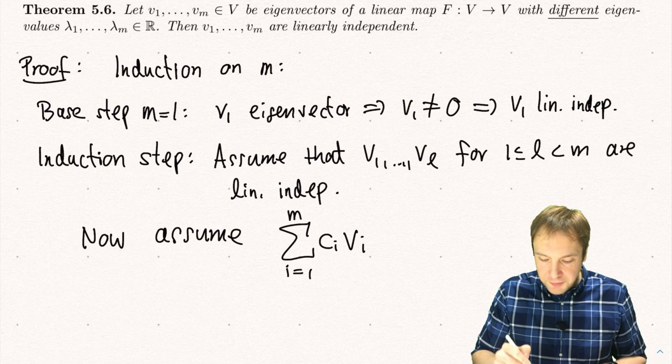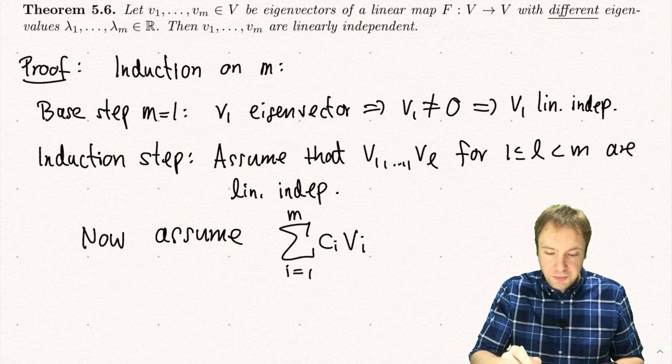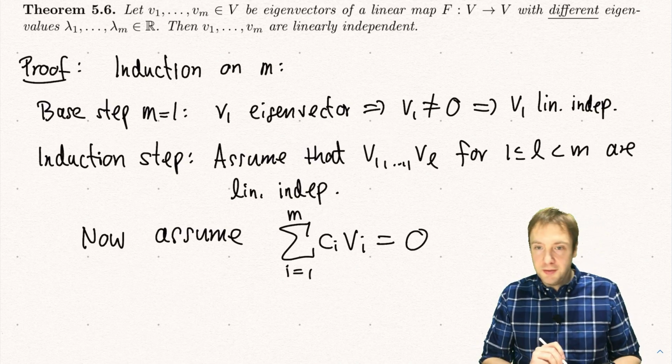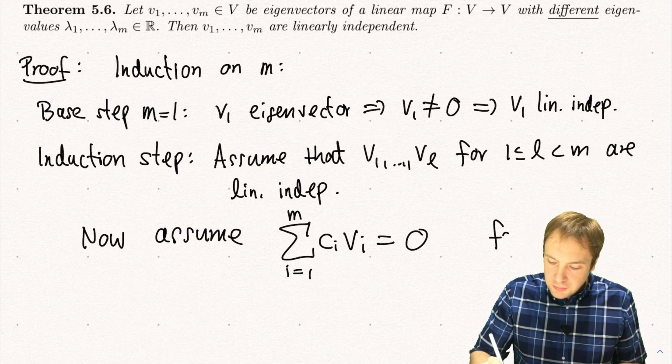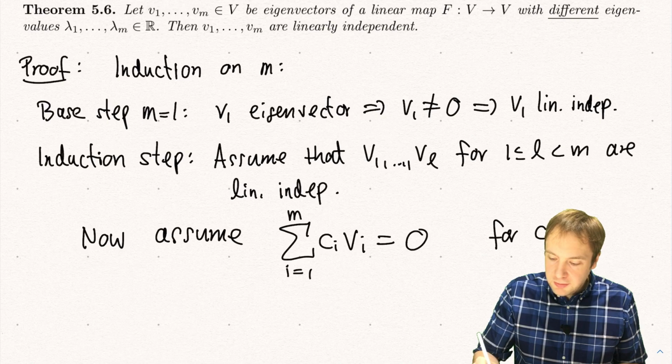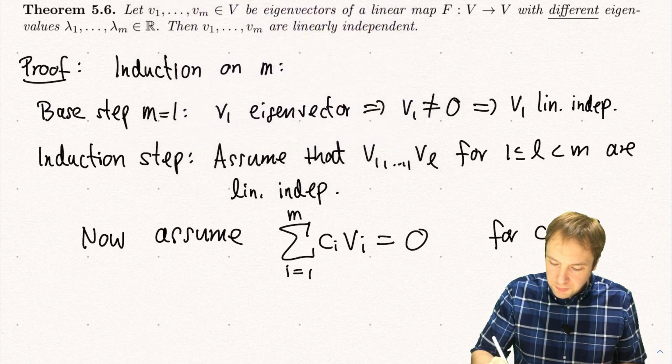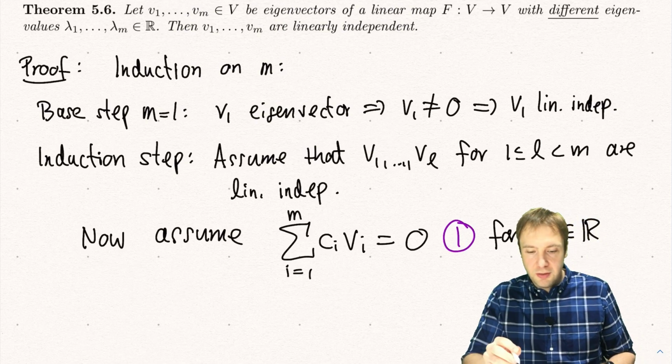I don't use lambdas here because lambdas are our eigenvalues. So we assume this is 0 for some ci in R. This equation I call equation 1.